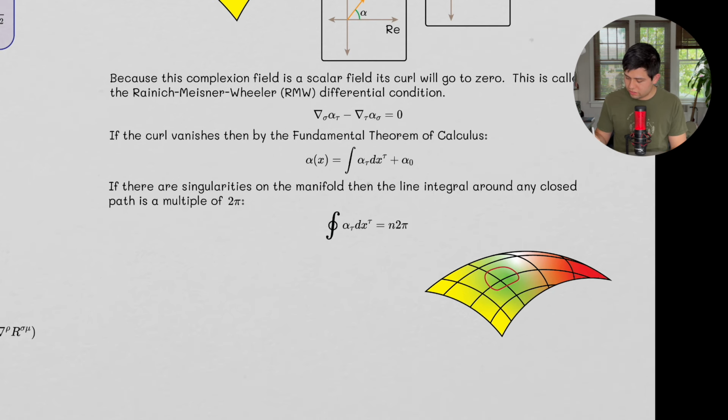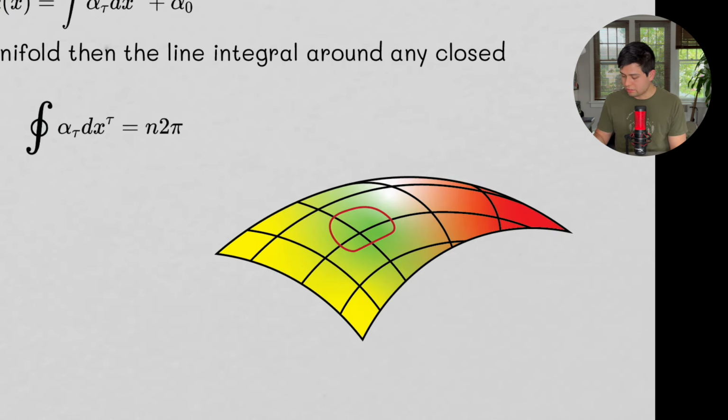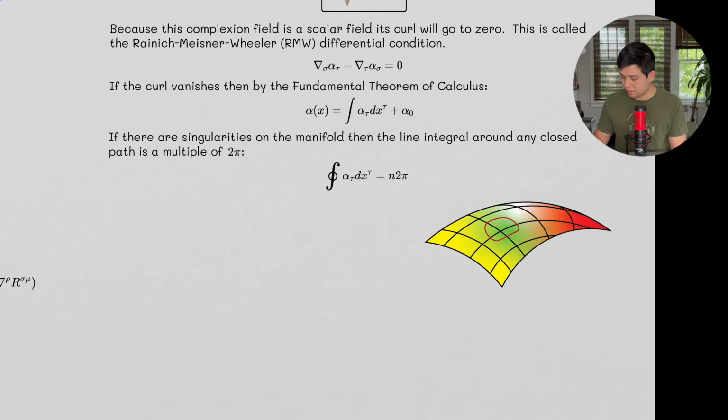The curl vanishes then by the fundamental theorem of calculus, and we know that A of this complexion is a function of spacetime, and if there are singularities on the manifold, then the line integral around any closed path is also going to be a multiple of 2 pi. So a closed path along this complexion field is going to be some n multiple of 2 pi.